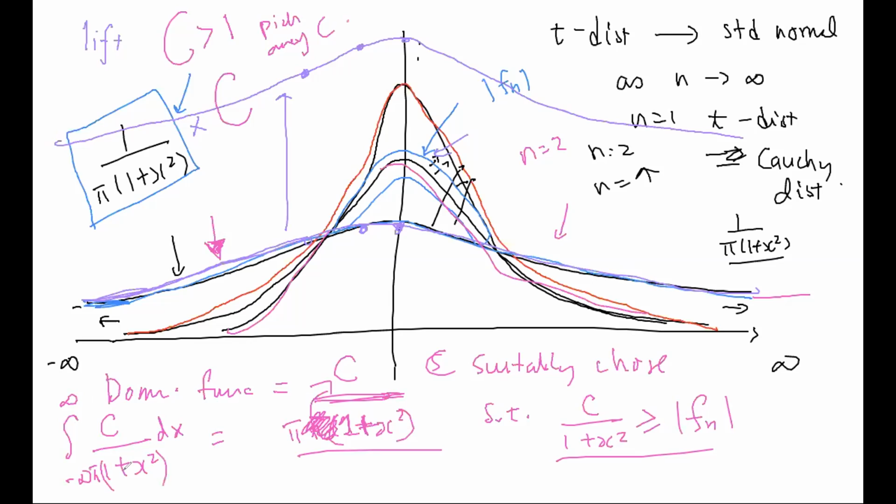You keep the pi there, then this will be c, because the PDF here is a Cauchy probability density function which integrates to 1. You're just multiplying it with c, so it's integrable. Okay, so this is the idea. All right. So is it clear to you how to construct this dominating function?